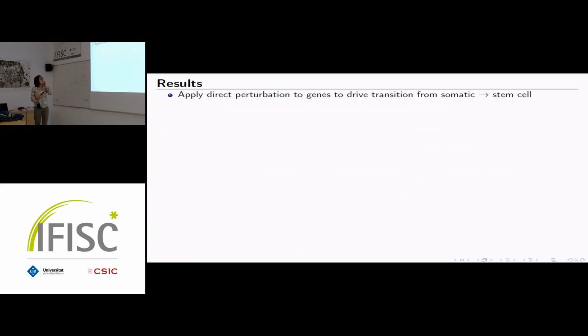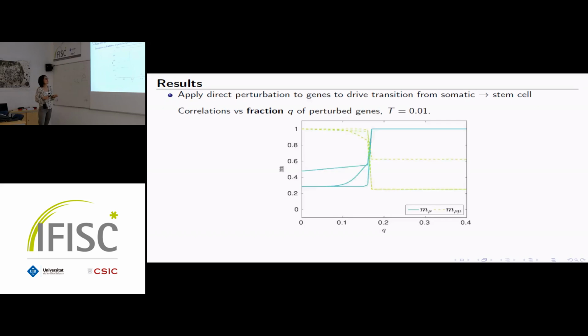So next, we considered transitions which are induced by direct perturbation of genes. What we do is perturb a fraction Q of genes in such a way as to drive a transition from the daughter cell to the mother cell. In jargon, we apply a local field to a number of genes which are aligned with the stem cell pattern.